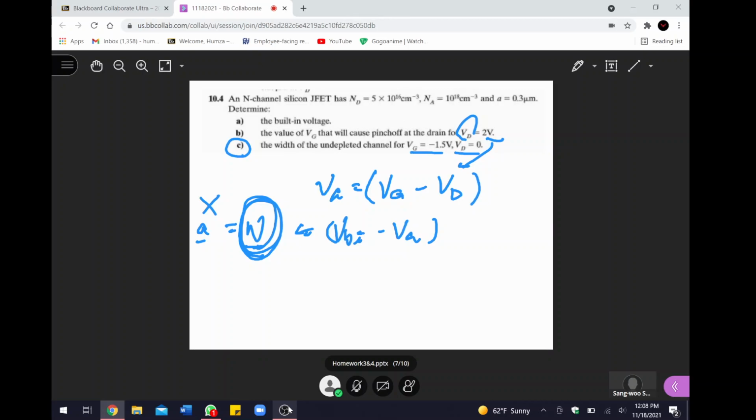So if you just put this number in here, then from there you can get the W, right? And initially the channel is A, so A minus W represents the width of the undepleted channel. So that's the question for C.